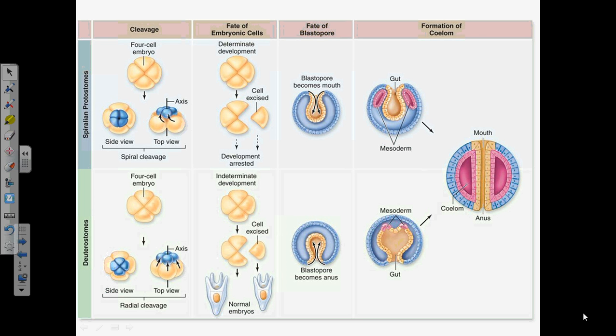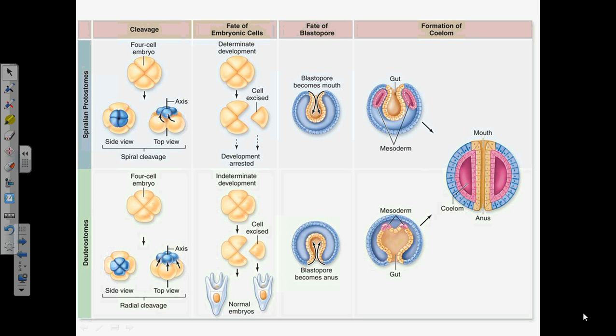Protostomes have what's called determinate cleavage. It's called determinate because what's determined really early? The role of the cell. Methylation happens really early during embryonic development, and even by this 4-cell stage, when there's only 4 cells in the embryo, what's already happened?